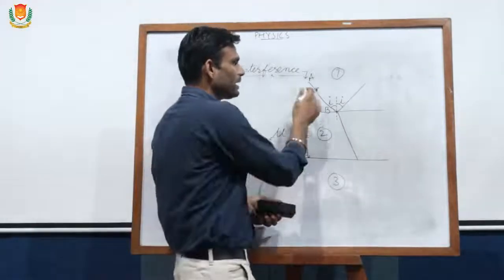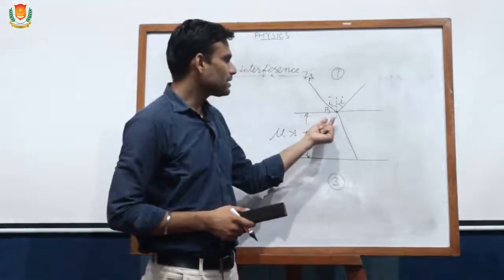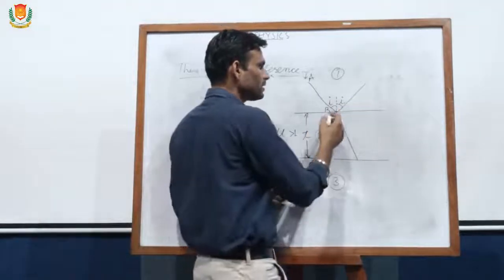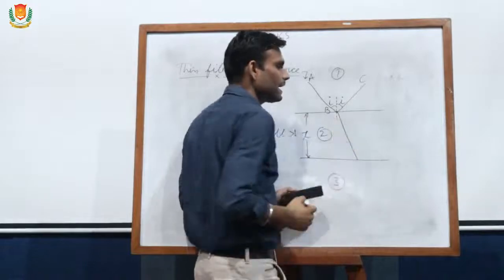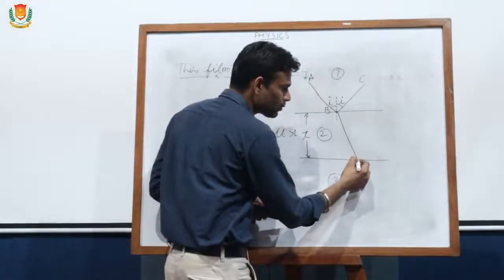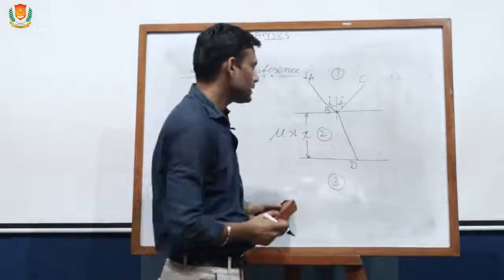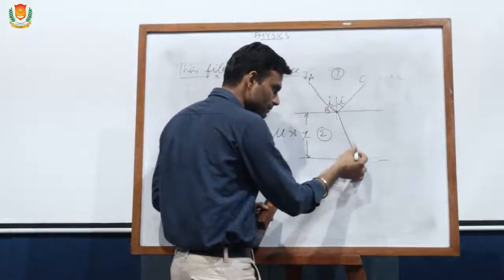So when beam AB is incident on this thin film at point B, it partially reflects in the direction BC and partially transmits in the direction BD. This is point D. At point D, it again partially reflects and partially transmits. This is the normal.